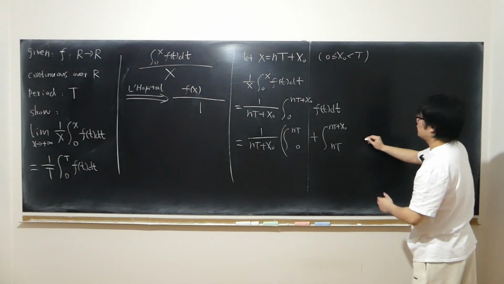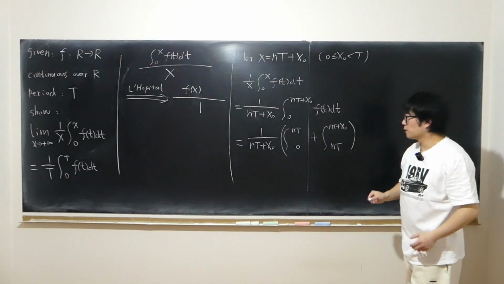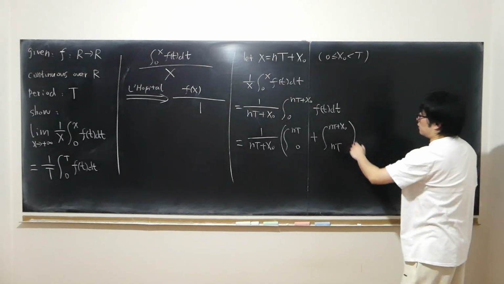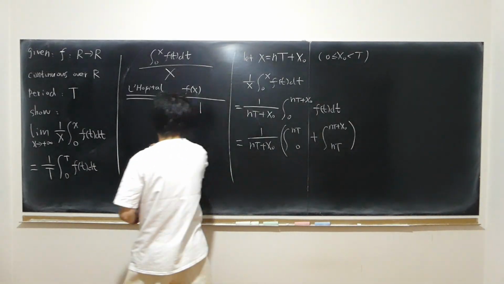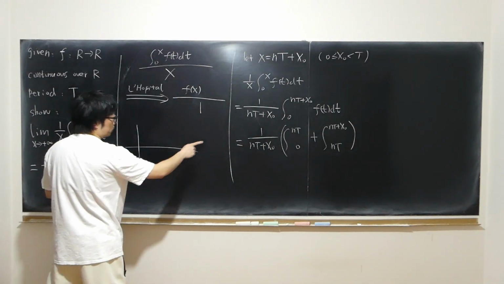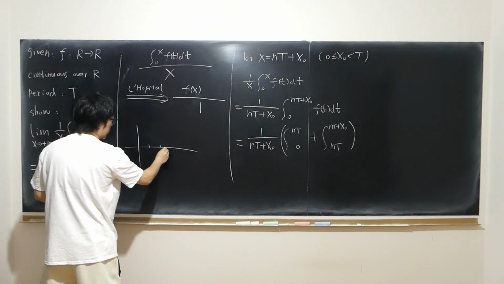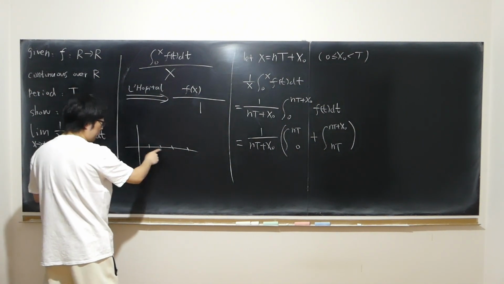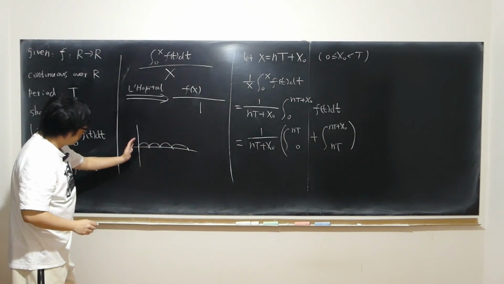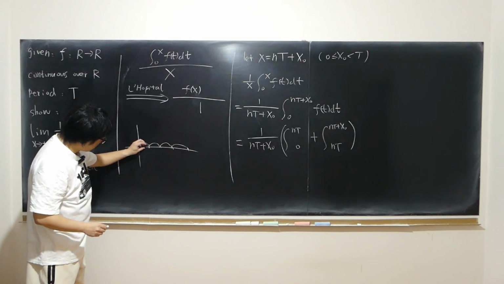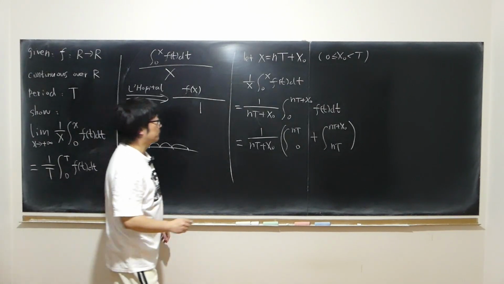Two parts, the same function. Since f is periodic, you have the integral from 0 to nT. Each period is T, and you have n many of them. It's periodic, so all you have to do is multiply this area by n times.